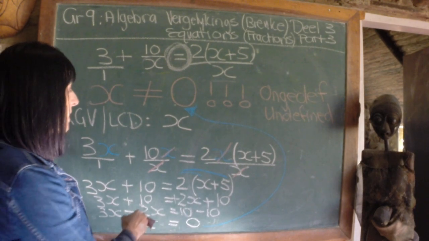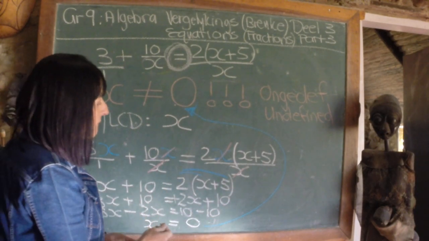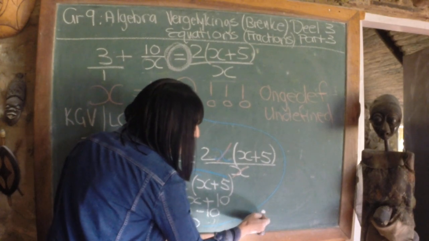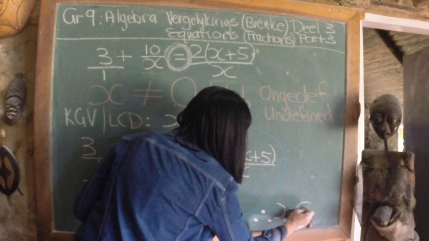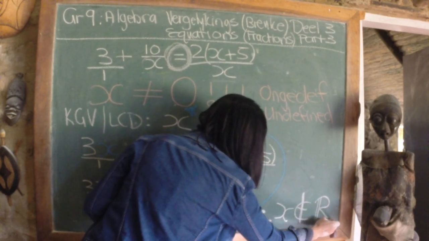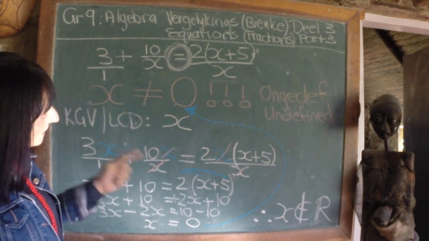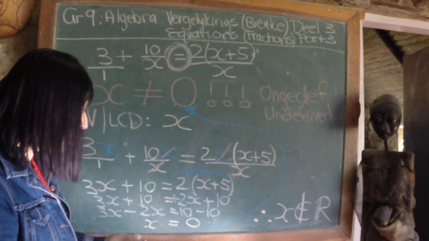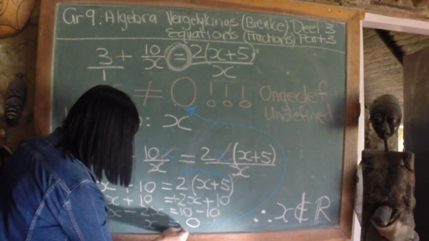So I'm going to refer back to what I've written, and therefore, daarom is x nie 'n element van die reële getallestelsel nie. There's no solution for x. Daar's geen oplossing vir x nie, want x mag nie 0 wees nie.